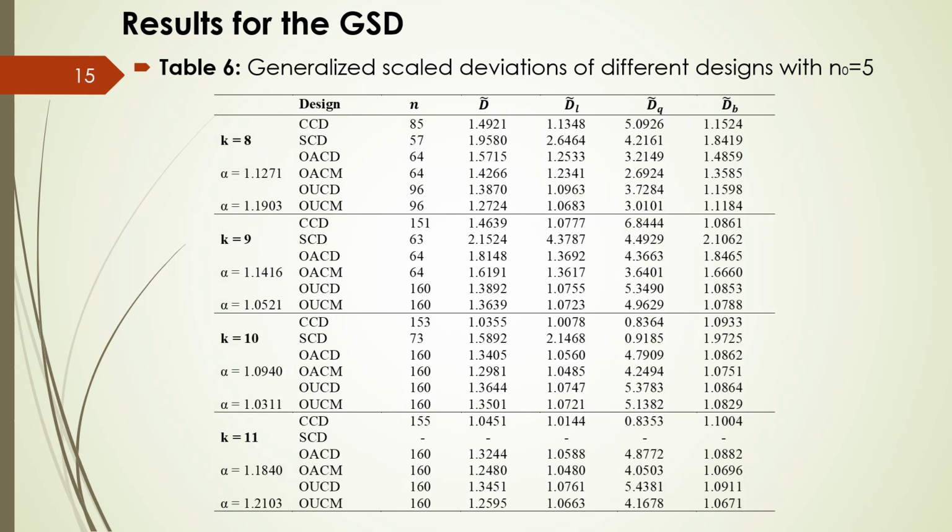This applies to other factors, that is factor 4 to factor 11. We observe a similar trend that the OUCM, the new design that was constructed, performed better with the least generalized scale deviation as compared to the others.